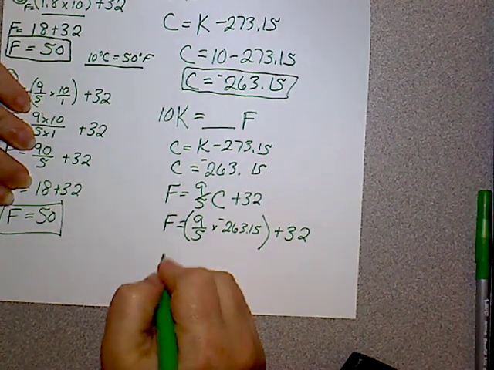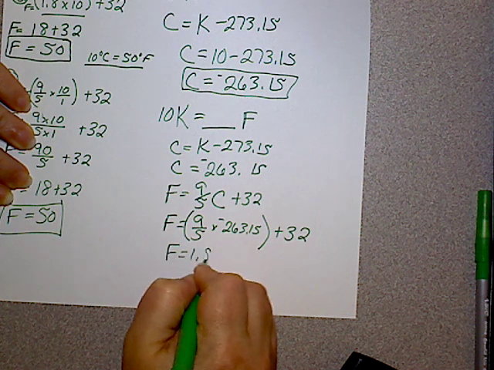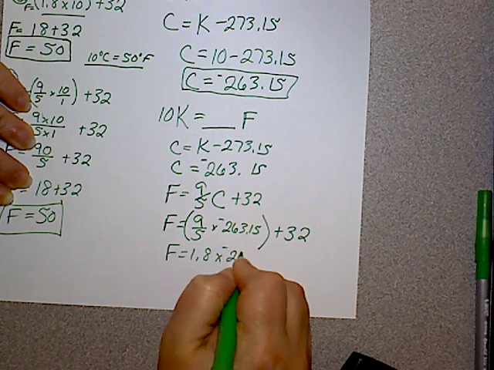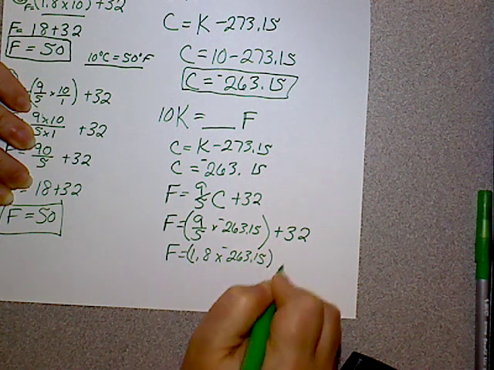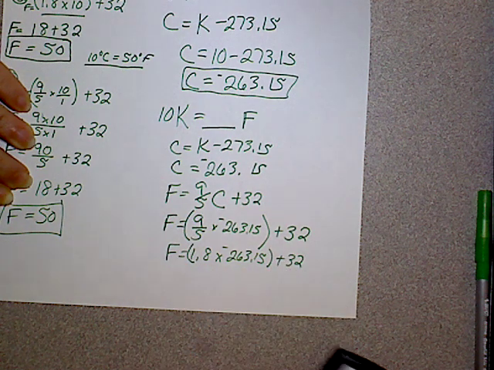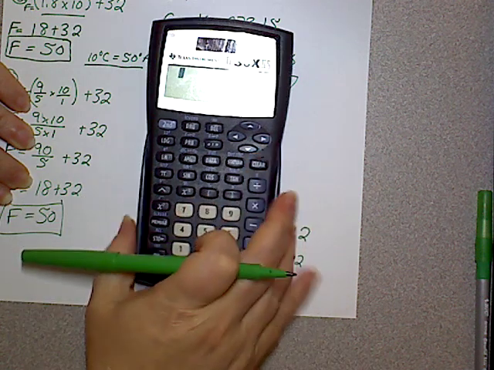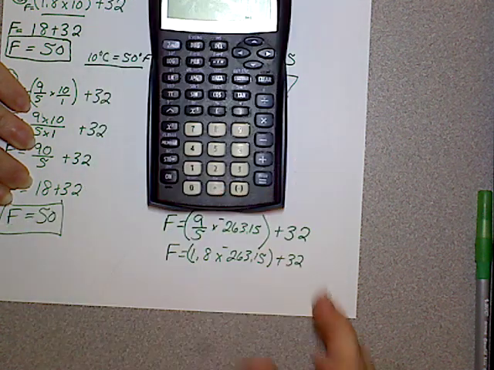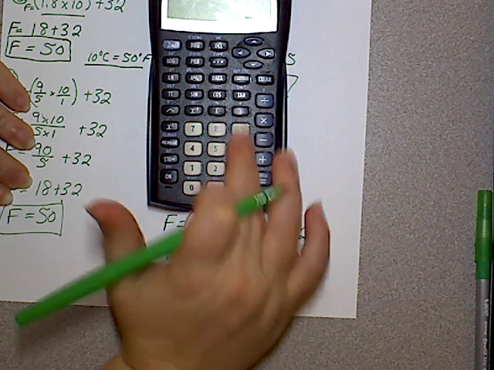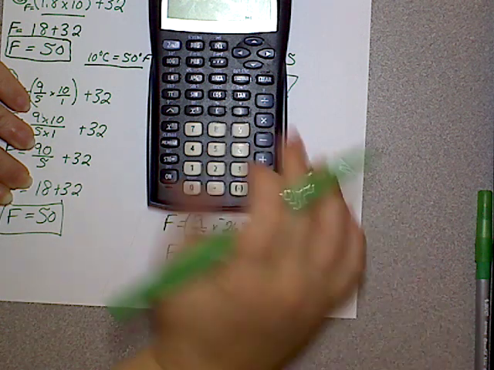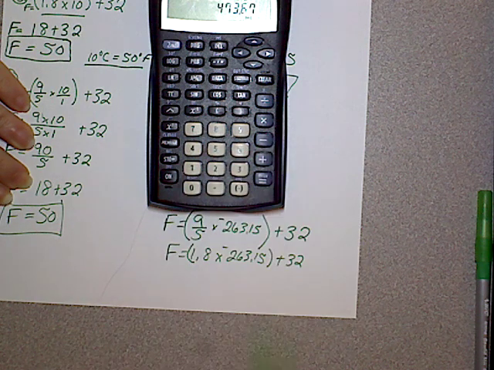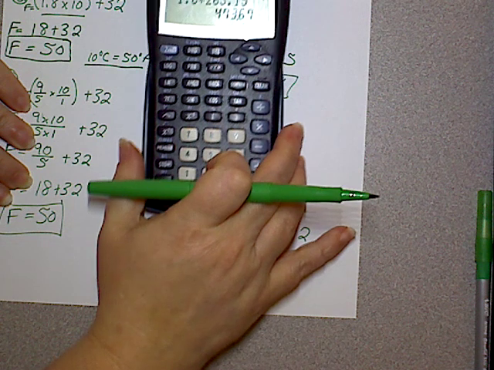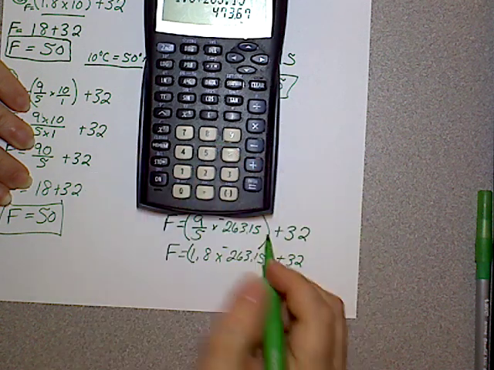9 divided by 5 is 1.8. 1.8 times negative 263.15 plus 32. And we're going to get out the calculator for this one because I am not sure what this is off the top of my head. That is math I cannot do in my head. 1.8 times 263.15. You can always do multiplication like this on paper. It's much faster this way.